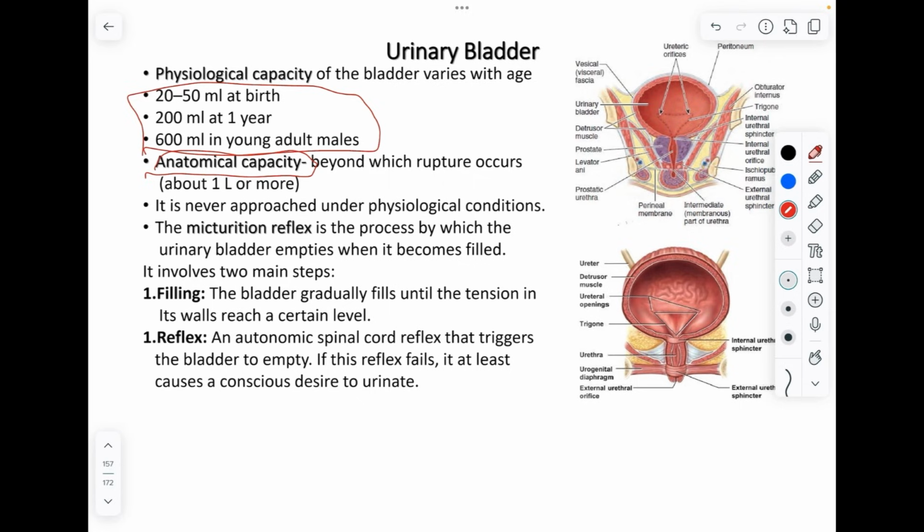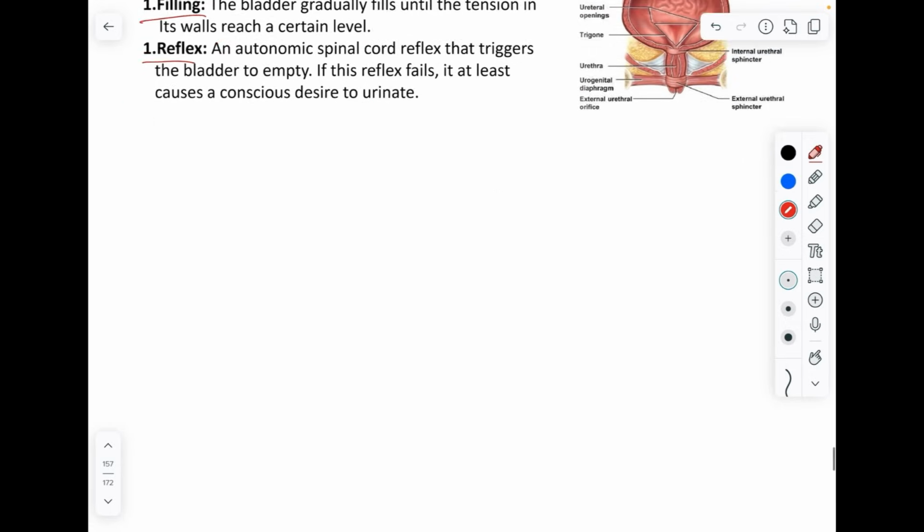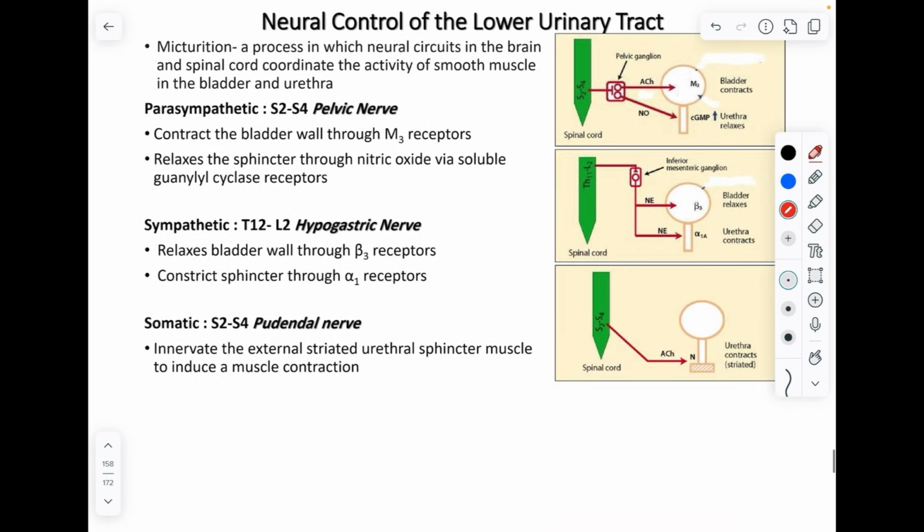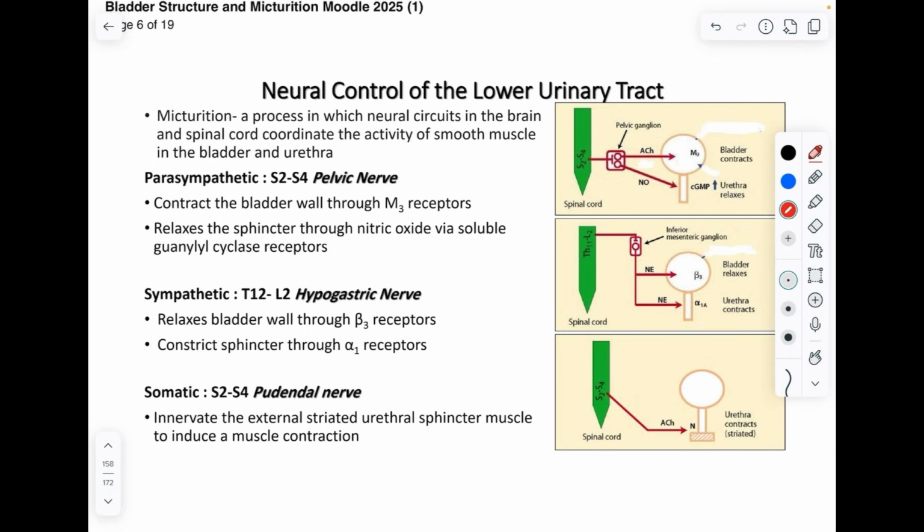Now, the micturition reflex is basically the reflex that the body makes. I will explain it more later, but just know for now that we are filling the bladder and then we are doing the reflex to urinate. Now, what is this reflex about? You know that we have three parts that are controlling the urination.